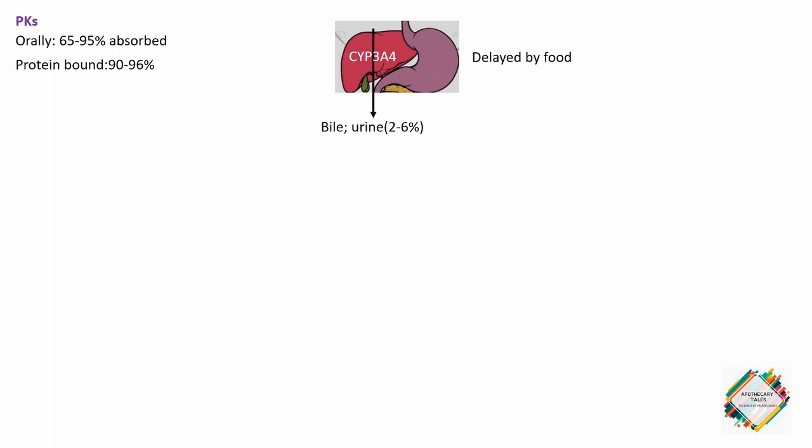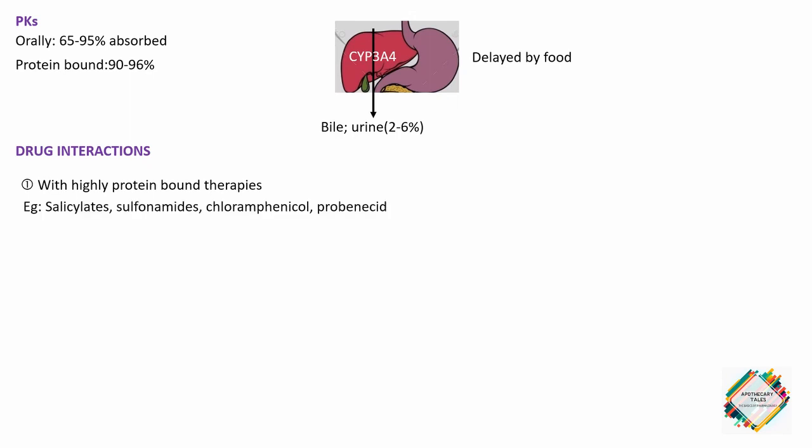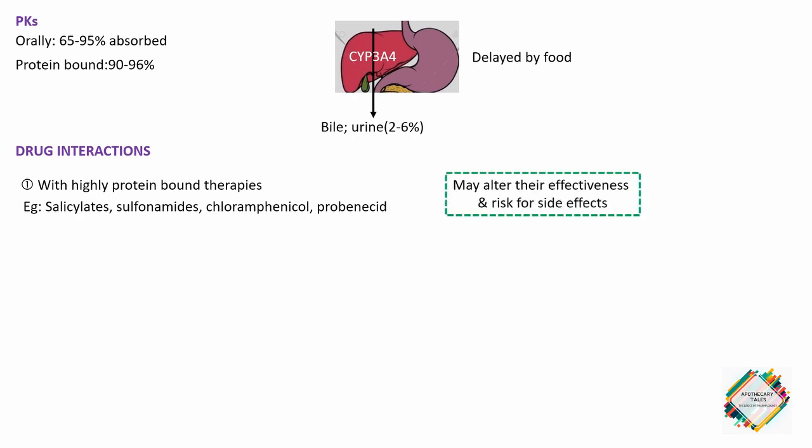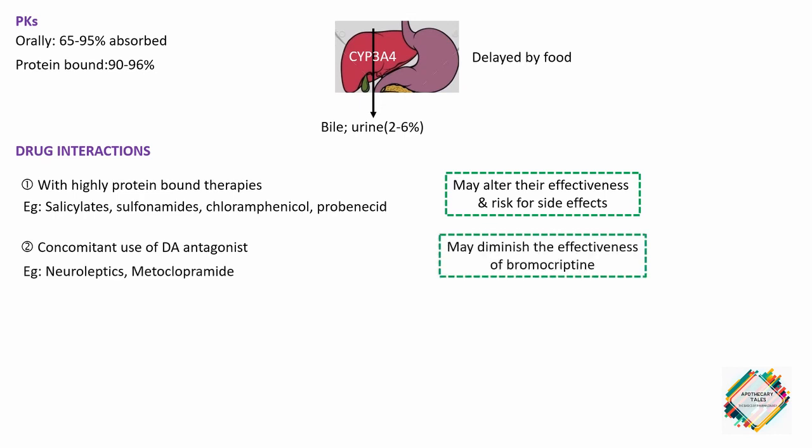Now talking about its drug interactions, since it is highly bound to serum proteins, it may increase the unbound fraction of other concomitantly used highly protein-bound therapies, for example salicylates, sulfonamides, chloramphenicol and probenecid, which may alter the effectiveness and risk for side effects. The concomitant use of dopamine receptor antagonists such as neuroleptics or metoclopramide will actually diminish the effectiveness of bromocriptine.